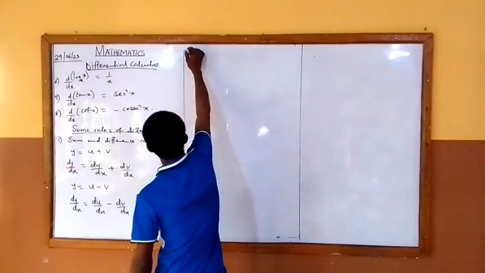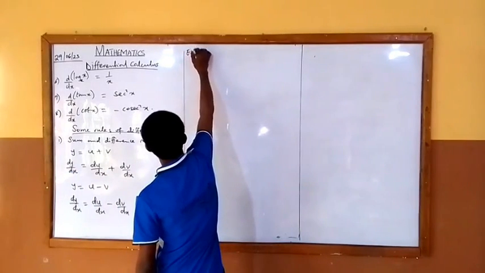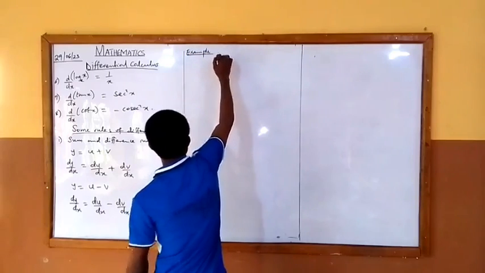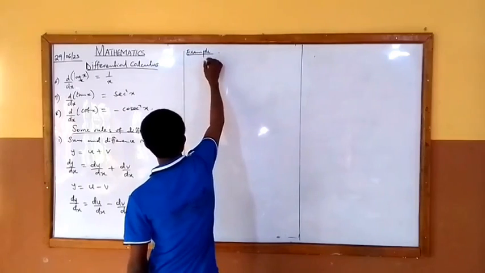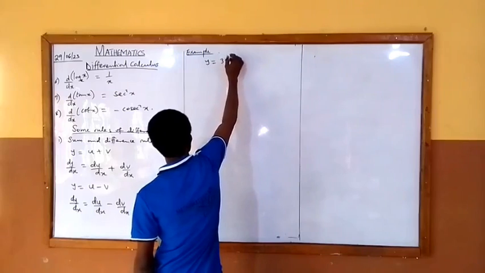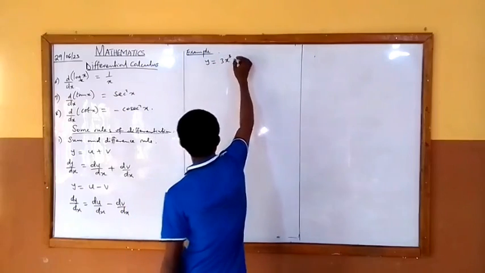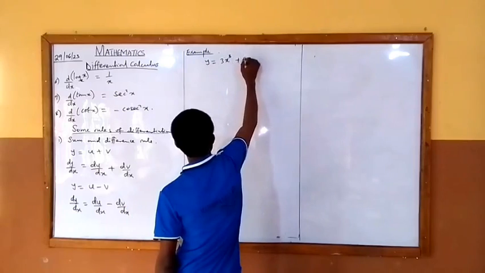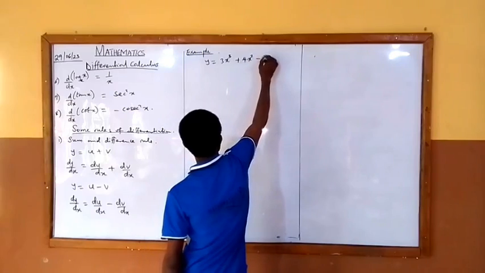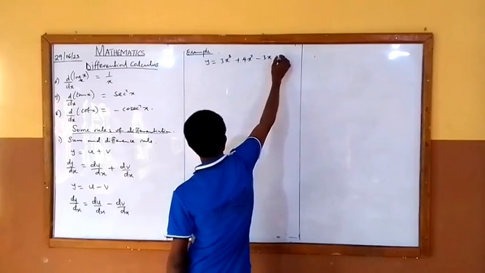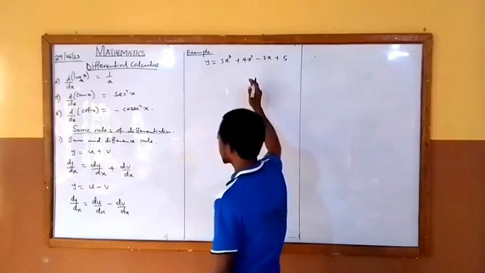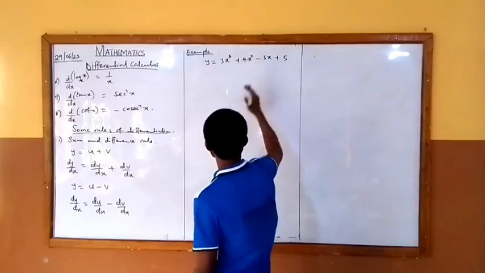For instance, differentiate with respect to x, y equals 3x cubed plus 4x squared minus 3x plus 5. So you have this function, and of course we have both sum and difference together here.